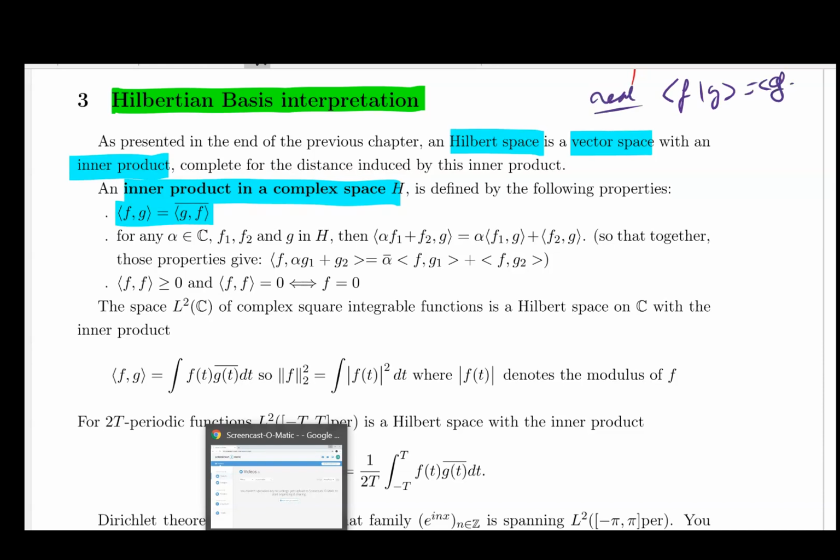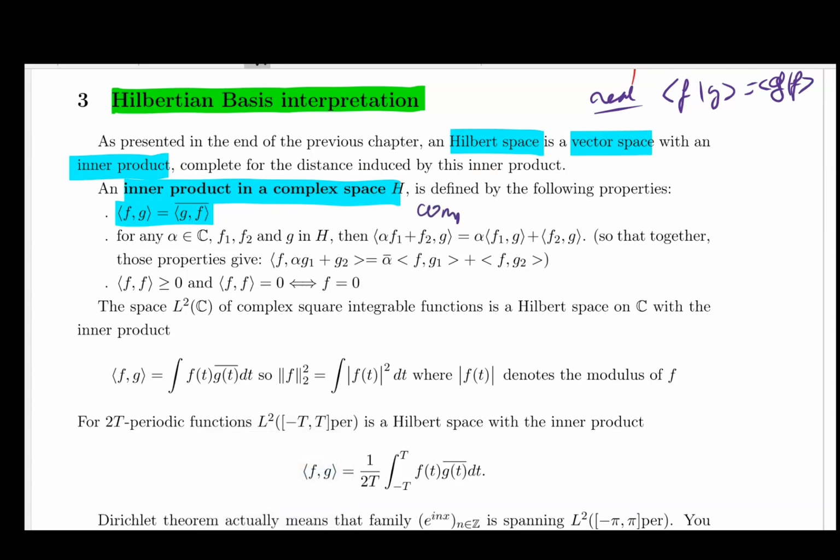That's one of the important properties. Here, for complex ones, we need some kind of symmetry, but it's going to be equal to the conjugate of the symmetric expression. Okay, so don't forget, I'm not sure you are going to need that a lot, but if ever, don't forget that for complex inner products, this is what we are going to have.